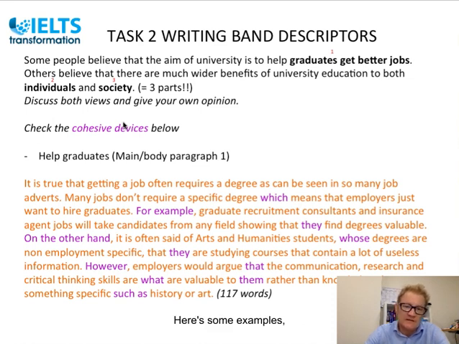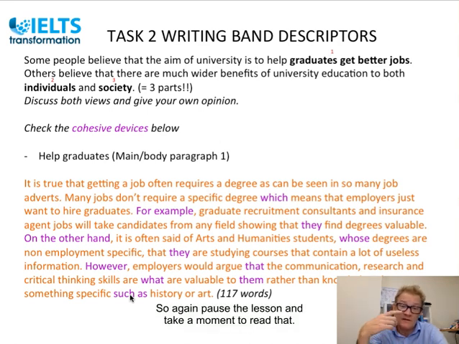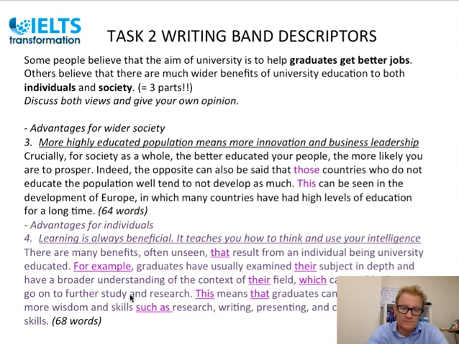Here's some examples. Just to show you how many cohesive devices there are in a paragraph. We've got a mixture here, haven't we? We've got the subordinating conjunctions, we've got transitions, we've got pronouns, we've got relative pronouns, transitions, conjunctions, pronouns, and such as. Okay, so you can see in there how many there are. So again, pause the lesson and take a moment to read that. Same deal here.